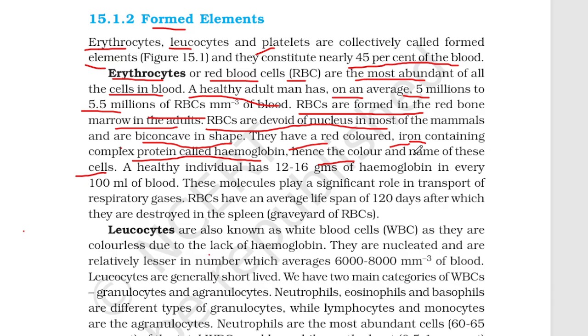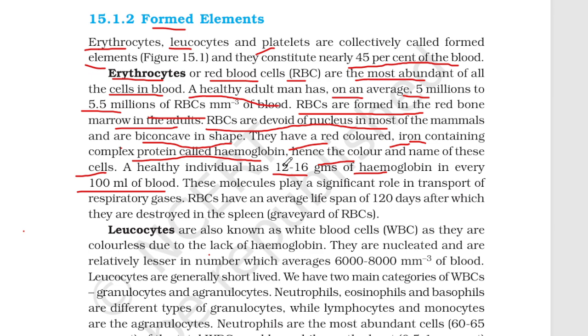A healthy individual has 12 to 16 grams of hemoglobin in every 100 ml of blood. Again, the amount of hemoglobin in blood differs from person to person. So in a healthy individual, there should be 12 to 16 grams of hemoglobin in every 100 ml of blood.